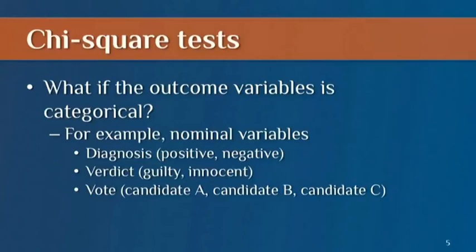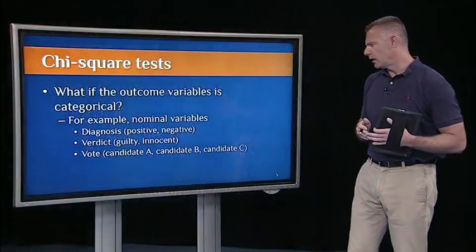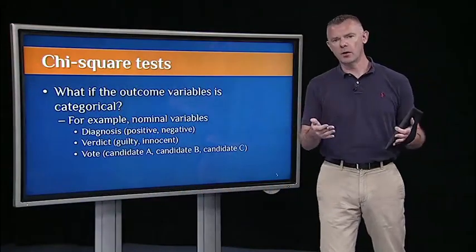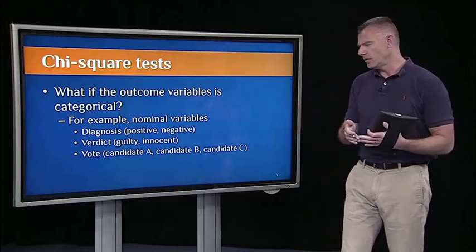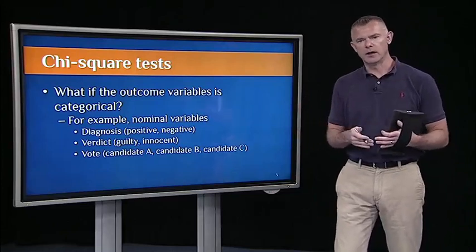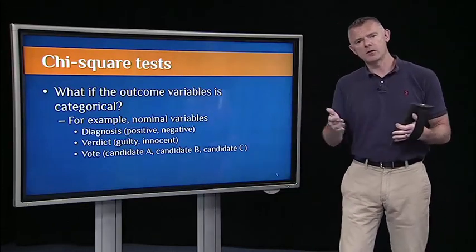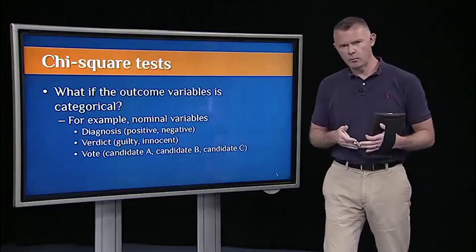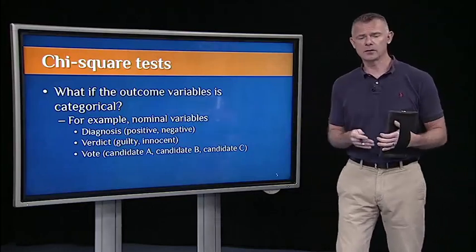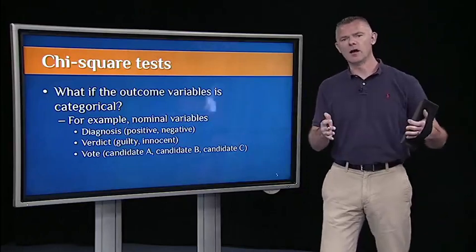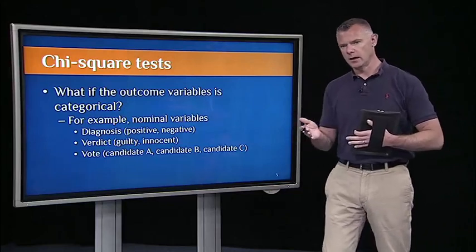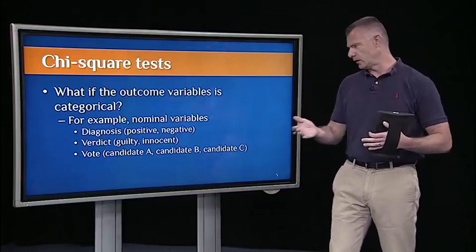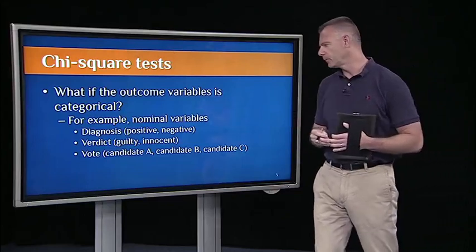Well, there are lots of examples of that. If we go back to the beginning of the course, that first lecture, a diagnosis of polio, if we looked at it at the level of individual children, that would just be positive or negative. You're either diagnosed with polio or not. That's a categorical outcome. A place where this type of research is very common is in psychology and law, where we're trying to predict whether a juror will vote guilty or not guilty in a trial.